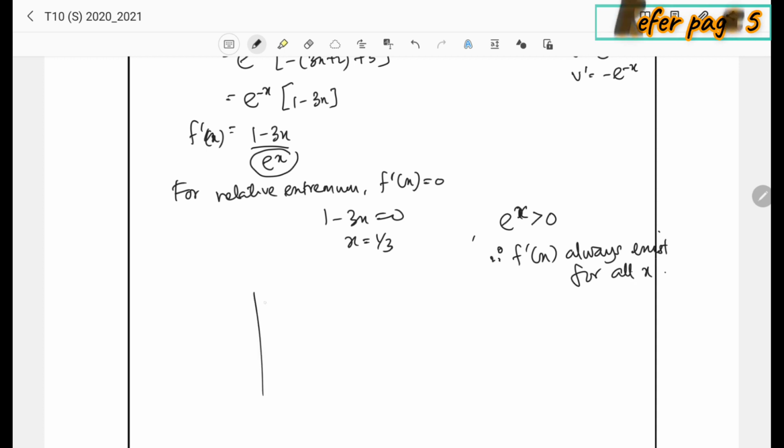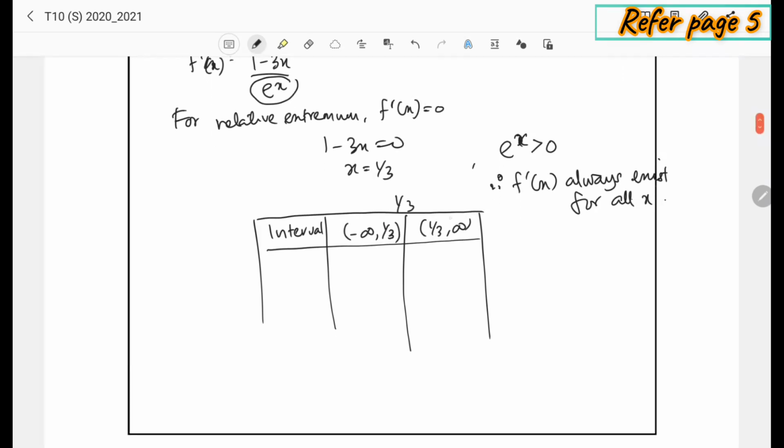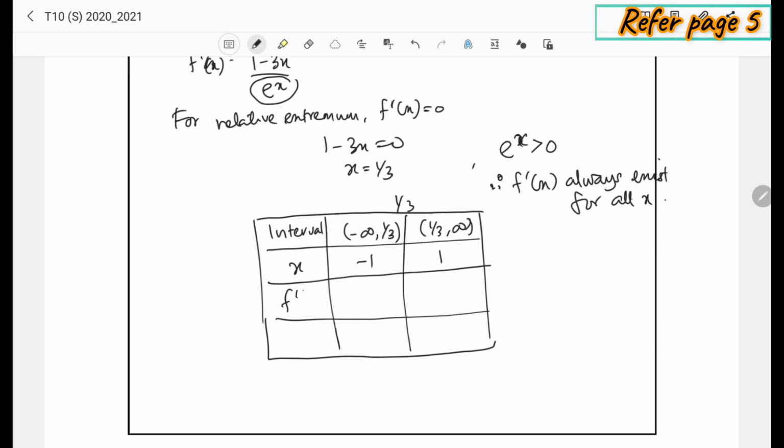So we only need to draw the table for x equals 1 over 3. There's only one value. So this is 1 over 3 to infinity, negative infinity to 1 over 3. So choose a value of your x, so 1, negative 1. So here will be f prime x and conclusion.